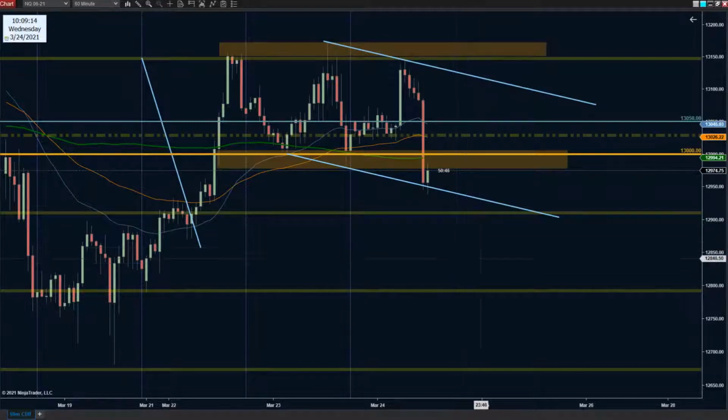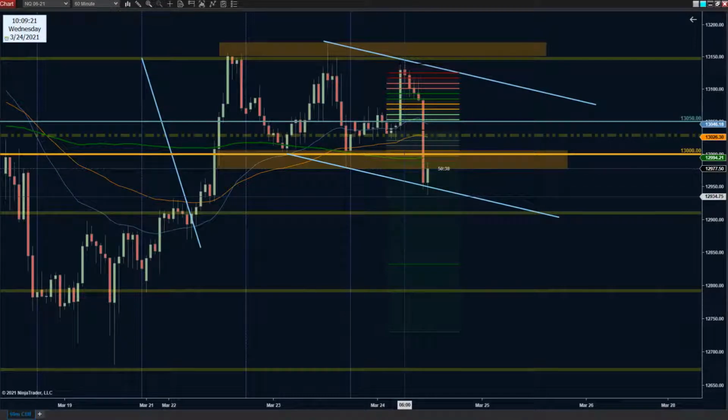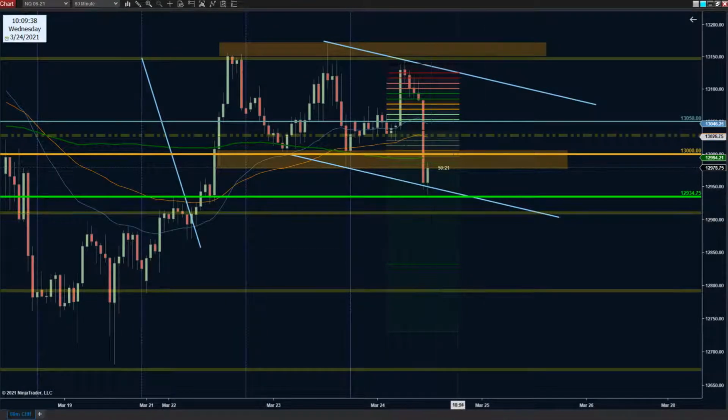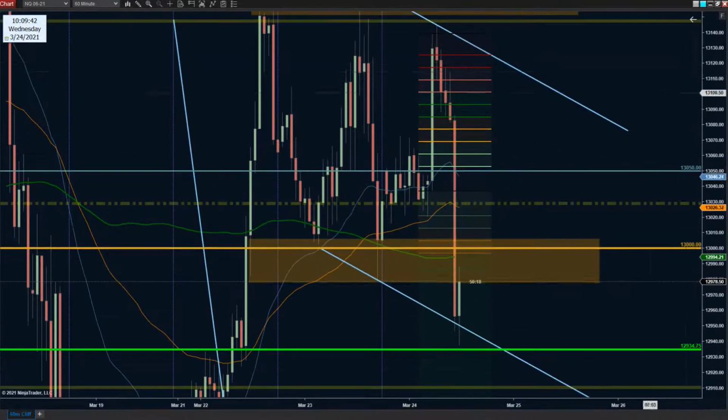So, I mean, the only thing that I can see that really makes sense would be a full deviation reversal of that pop higher. And that is, oh man. That's at 34.75. Yikes. Let me make sure I've got those in the right place.